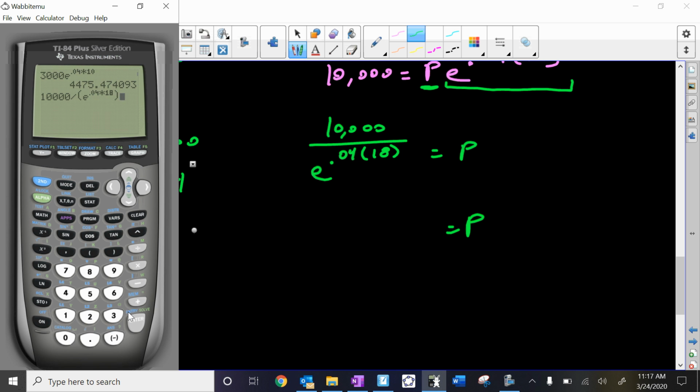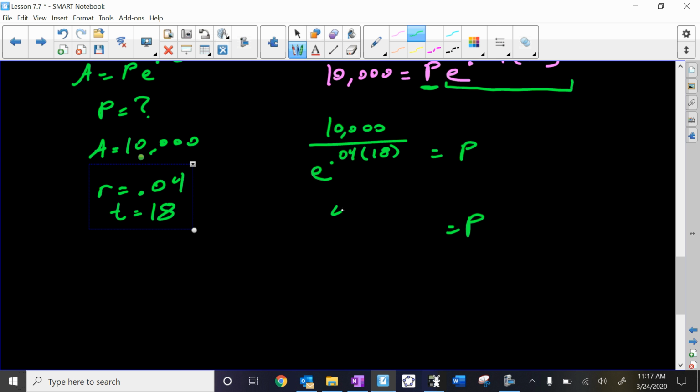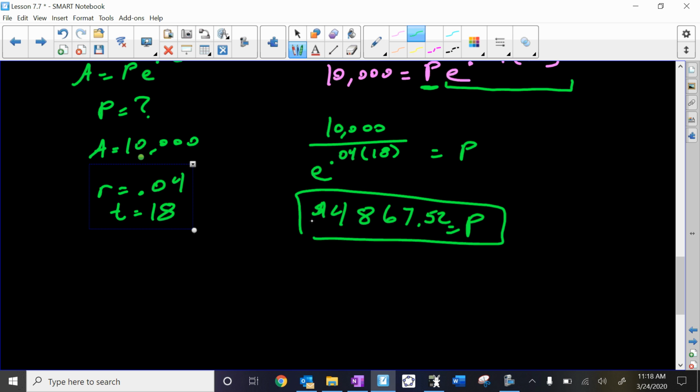Like so. And it looks like we would need to invest $4,867.52. So $4,867.52 would be how much I need to invest in order to get 10,000 in 18 years.